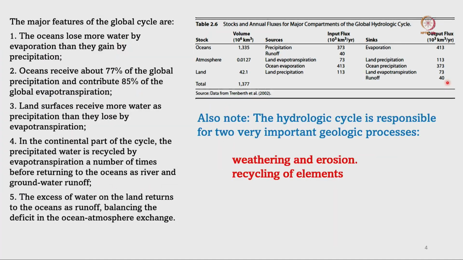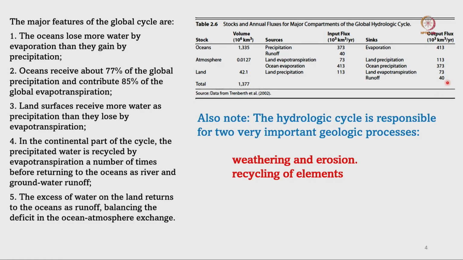Now, after we have seen these smaller sub cycles, there are certain highlights that I would like you to note, and that is the oceans lose more water by evaporation than they gain by precipitation. So, what did I say? I have said this previously also, that 80 to 90% of what is evaporating is coming back as precipitation.